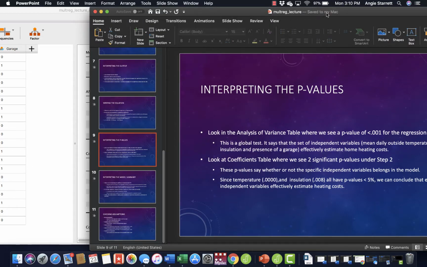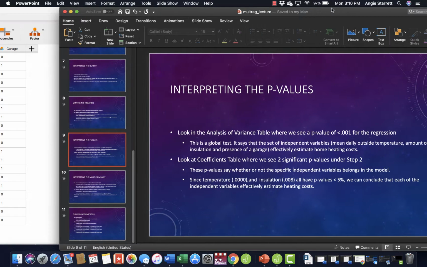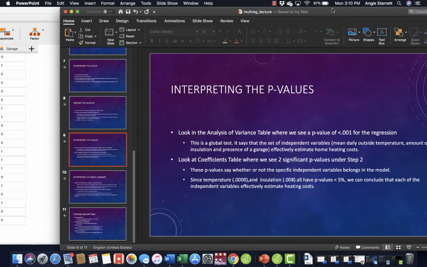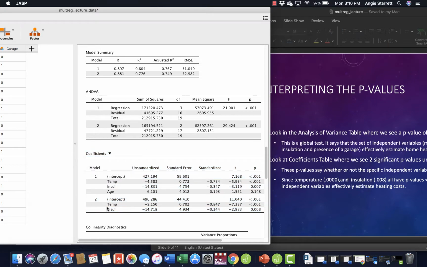Well, the p-value in the ANOVA table is for a global test. It says that the set of independent variables effectively estimate home heating costs. So as of right now, the set that we've put in, temperature and insulation, effectively estimate heating cost.